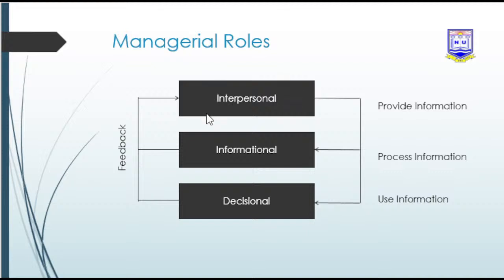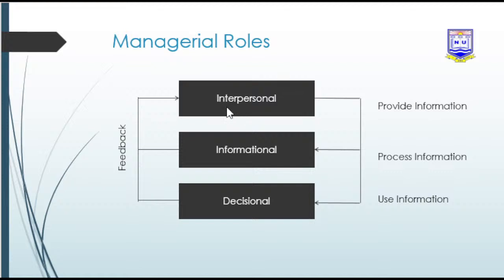Otherwise, if you miss out on this, and whatever decision you've taken, the people you're leading do not have a clue or do not have knowledge about whatever you've decided, they are going to end up doing contrary to what you have planned and decided, and it will put the whole organization into a mess.